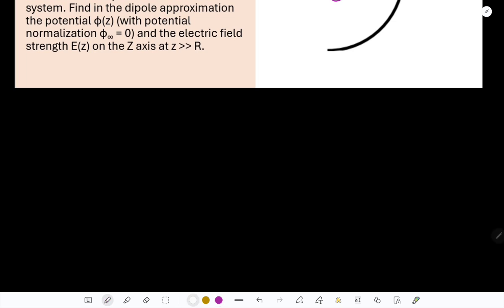So according to the conditions of the problem, lambda theta, that is the charge distribution over the ring in terms of theta, we can write as lambda naught cos theta. Of course, here lambda naught is a constant, but we determine it from the condition that the total charge of the semi ring is equal to plus q.